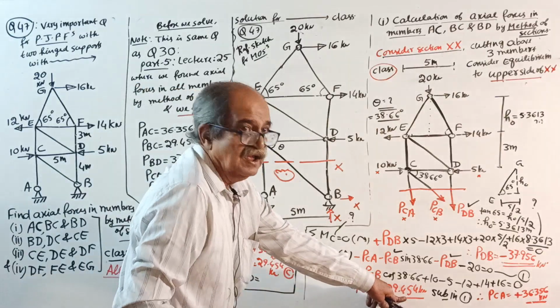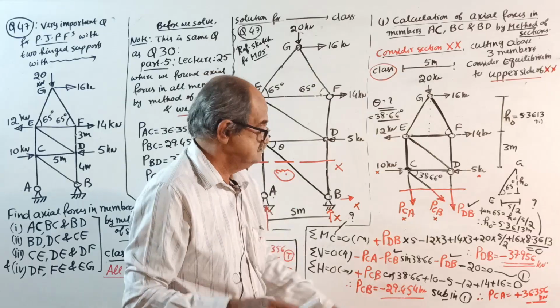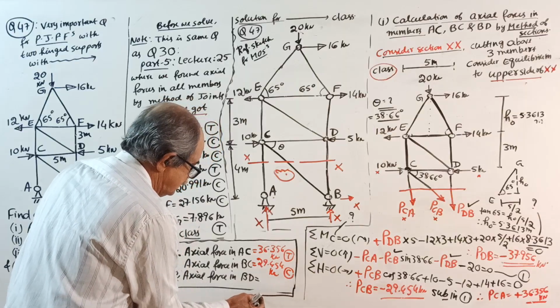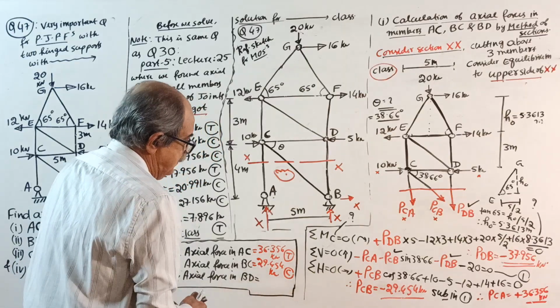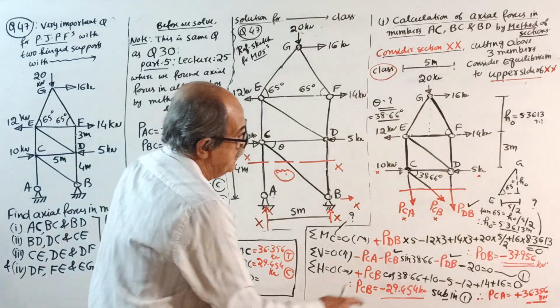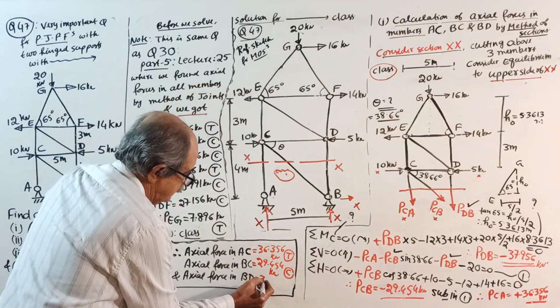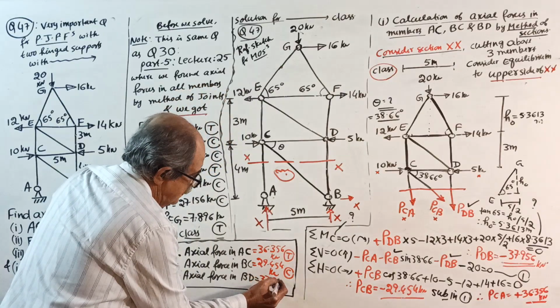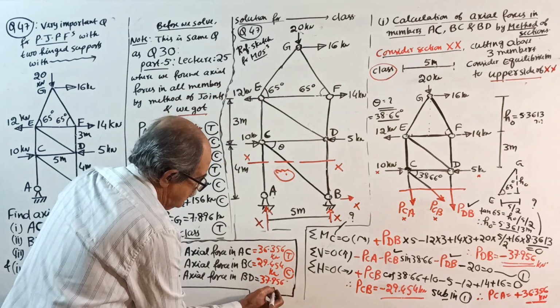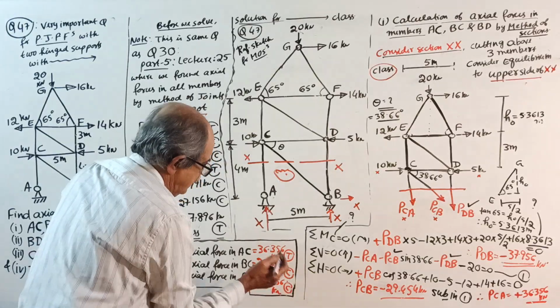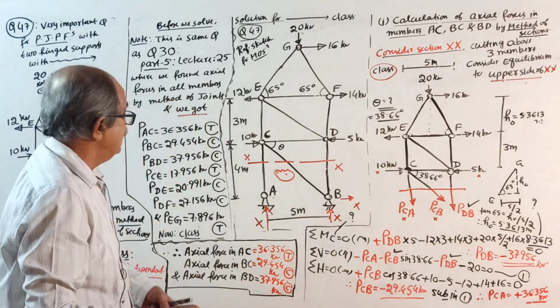Don't write compression with the sign, that is a mathematical blunder. Axial force in BD, which is DB, is 37.956 kilonewton. Negative sign came there, so compression is the answer.